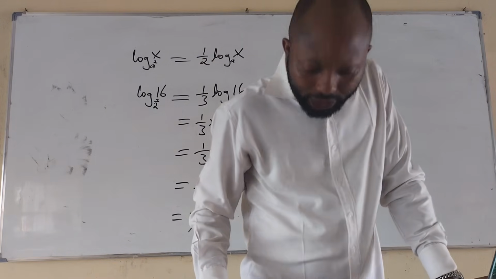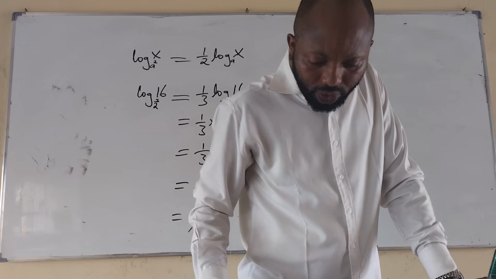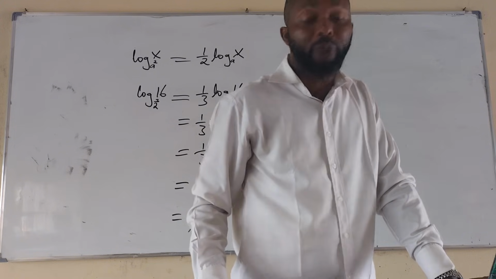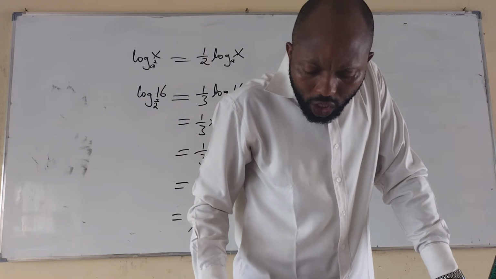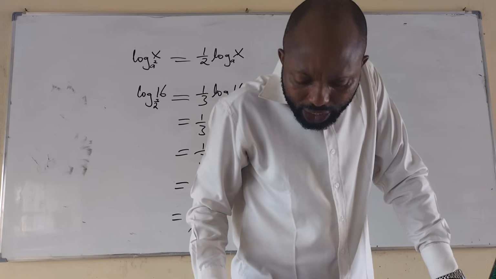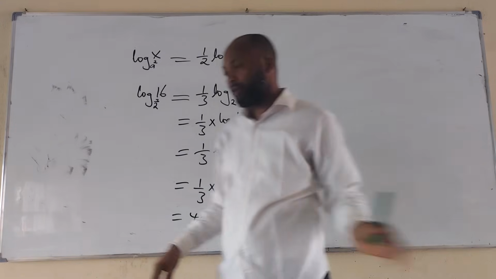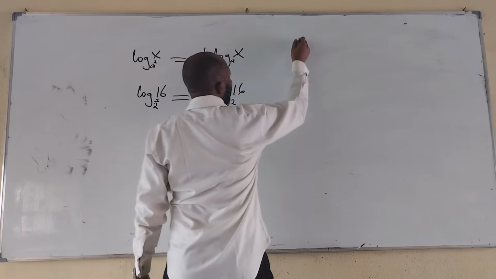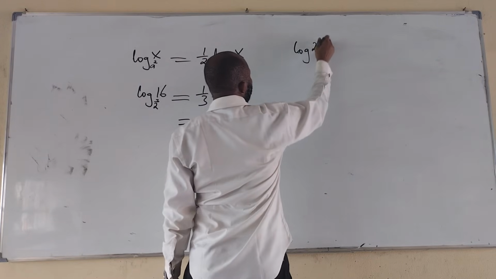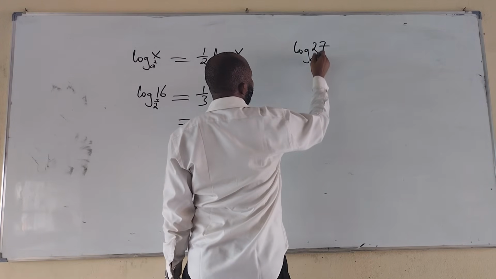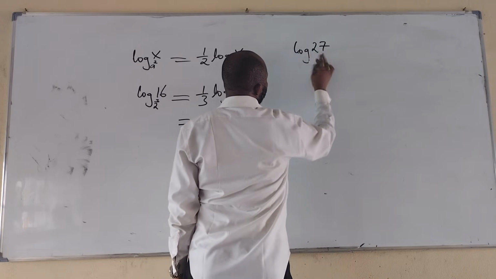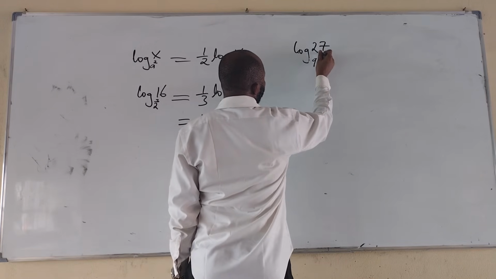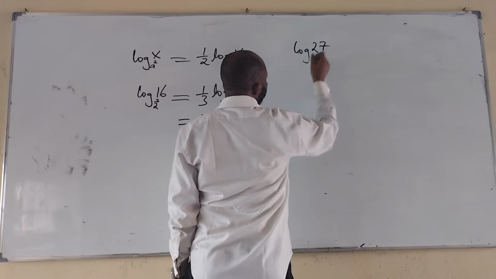Okay, let's take one more example on that before we move on from the power of the base. Log 27 in base 9 raised to the power of half.